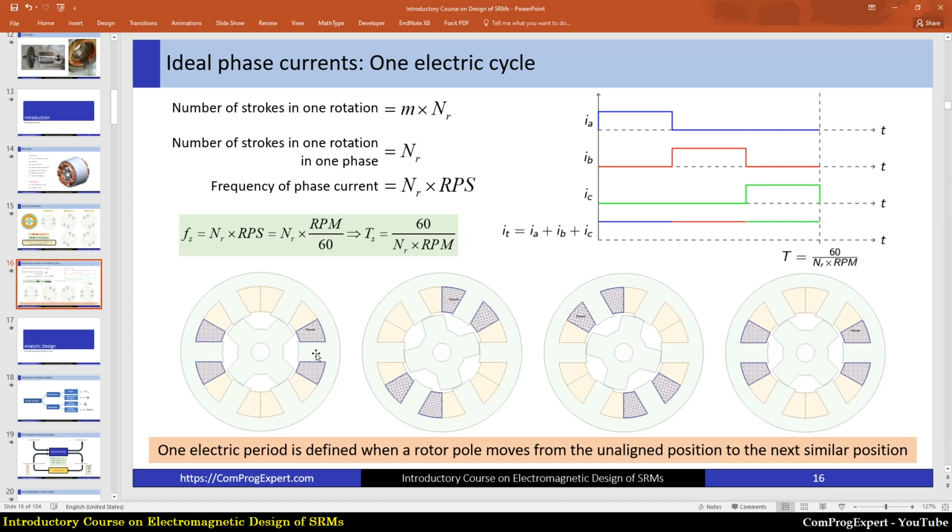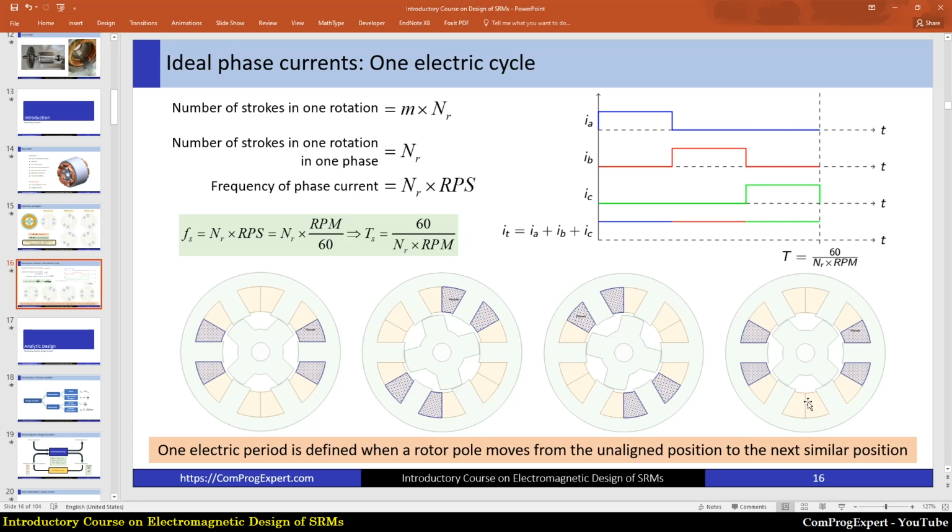This is the phase A, and the phase A is in its completely unaligned position. We have rotation, and finally we have the same position. So we have one electric period for rotation of the rotor. The rotation is equal to one rotor pole pitch.